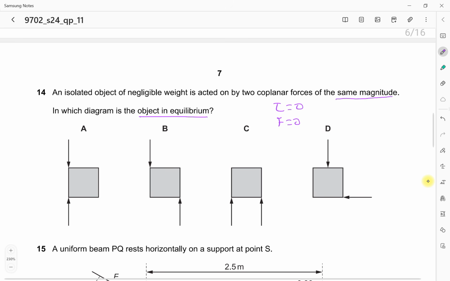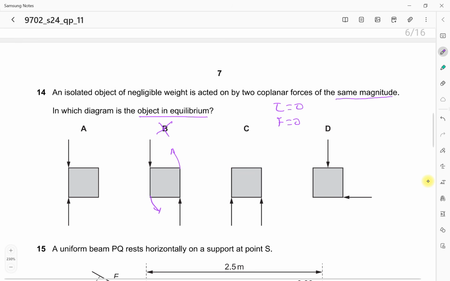So when you look at A, if this one is acting downwards and this is acting upwards, they cancel out each other, and of course they are acting through each other, so they are not going to cause moments. This one is going to cause this to move in this direction. This one is going to cause this to move in this direction, so they will rotate. So these two are causing an anti-clockwise moment, so this is not going to be in equilibrium.